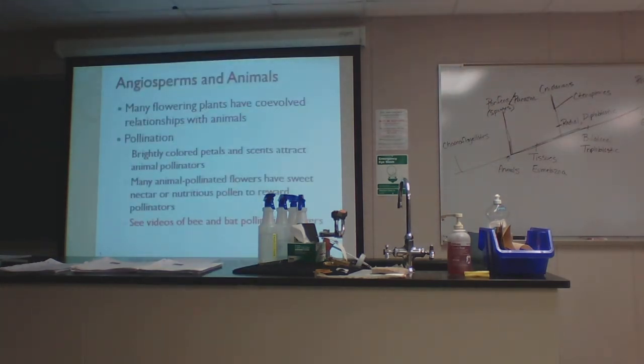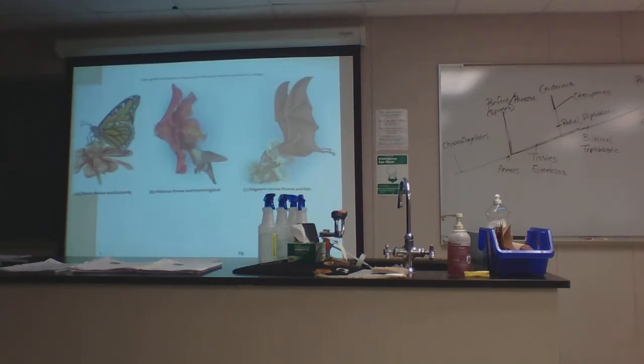Okay, and then pollination is a way that a lot of animals pollinate flowers, and you don't have to know the specific types of flowers that specific types of animals like, but just understand that different kinds of flowers are for different pollinators. Now you will need to know that if you want to do the extra credit, but the actual test is not quite that detailed. So you don't have to know that like hummingbirds like red or things like that.